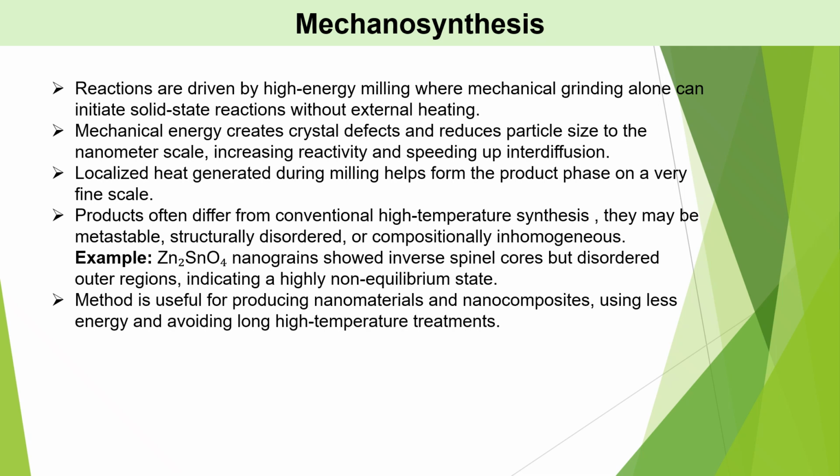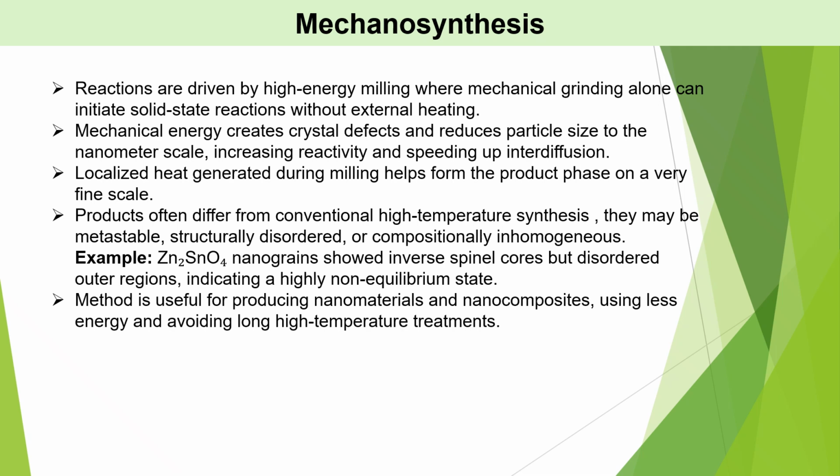Mechanosynthesis. In mechanosynthesis, mechanical energy from ball milling is used to initiate chemical reactions. High energy impacts create defects, break particles to the nanometer scale, and locally generate heat. Together, these effects are sufficient to trigger reactions even at room temperature.